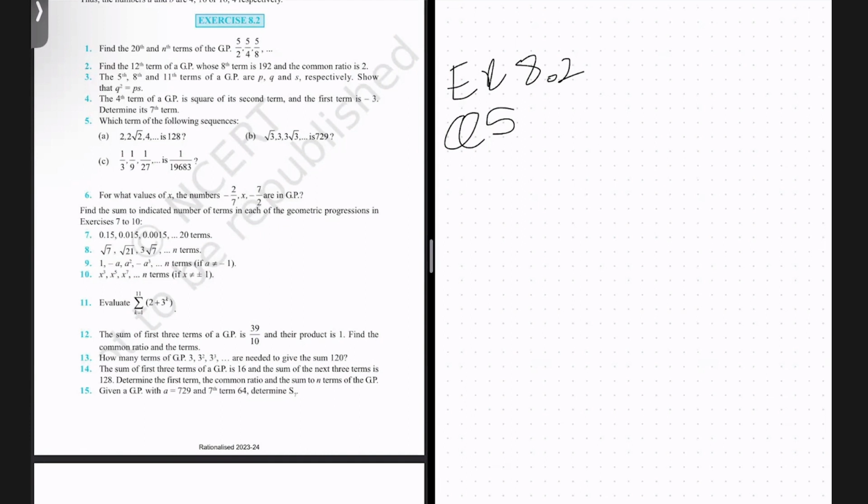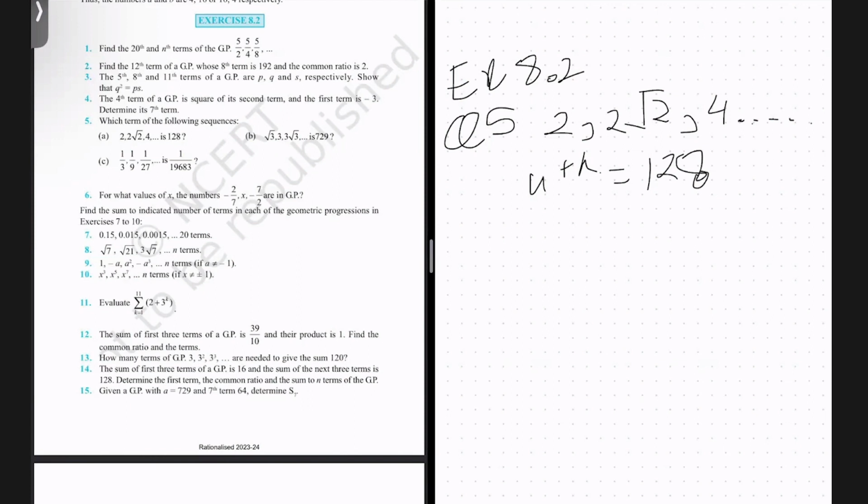So for the first sequence we have 2, then 2 root 2, then 4, and so on and so forth. And the nth term has been given to us as 128. Correct?